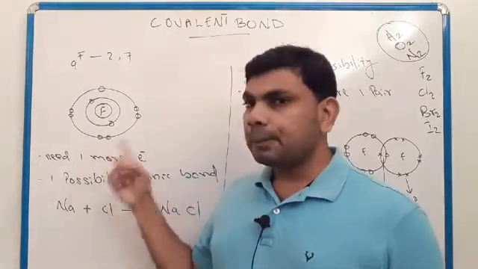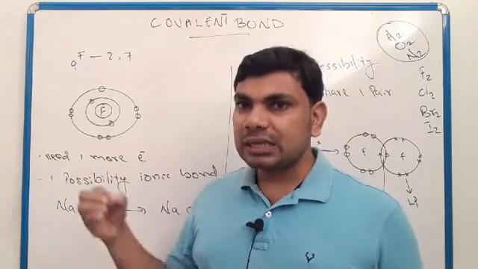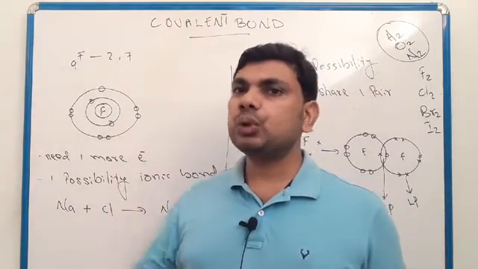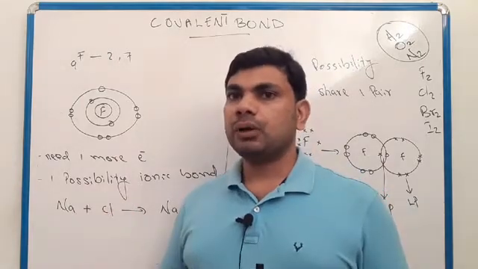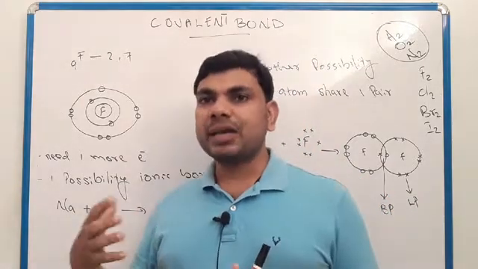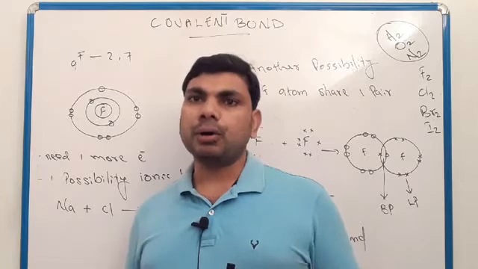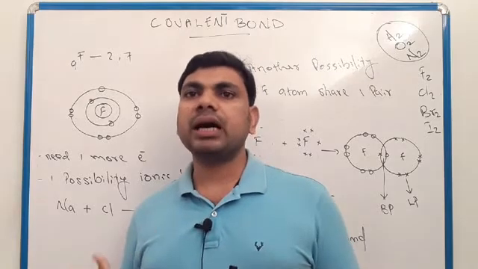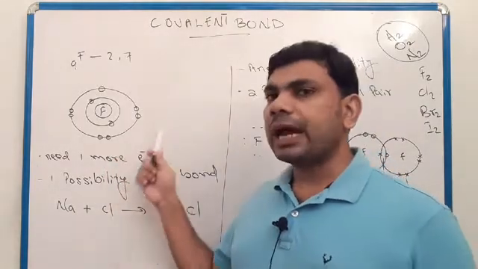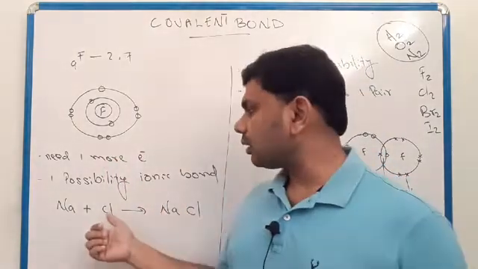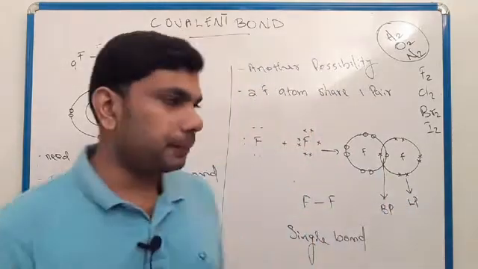So one possibility to attain stability, to get one more electron, is ionic bond. Fluorine reacts with metals to form ionic bond. We discussed ionic bond already. Here fluorine reacts with sodium. Look here.